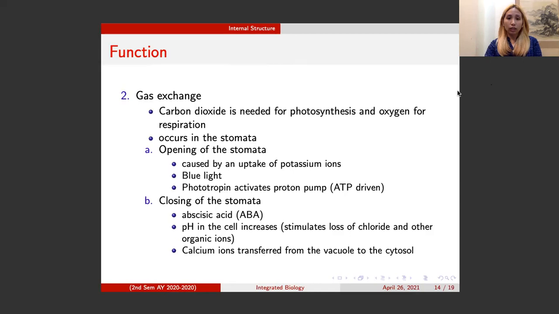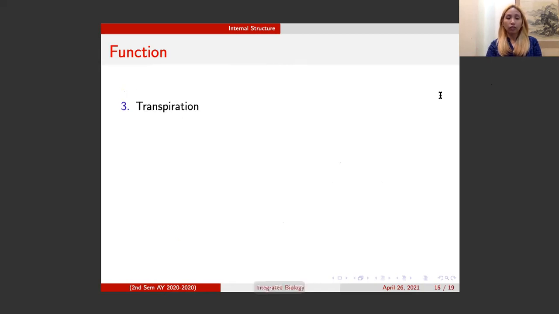Okay. Now, aside from gas exchange, another function of the leaf would be transpiration. Transpiration basically is the movement of water driven by evaporation of water on top of the plant. So normally this is happening in the leaves, and because they are exposed to light, transpiration is happening there through the stomates.